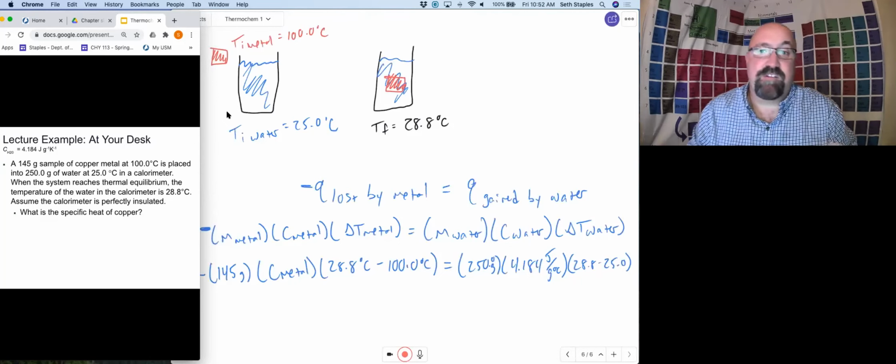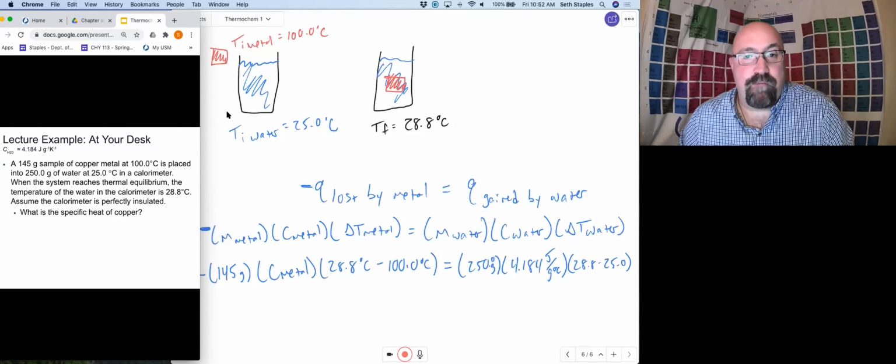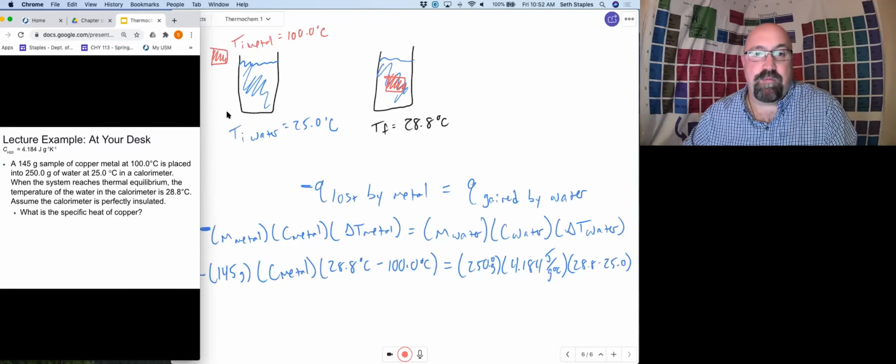Both degrees C, I just left those off because I was running out of room. Now we can simply set this up to solve for the C of the metal, right? We algebra this. In order to solve for C of the metal, I'm just going to divide both sides by my 145 grams and my 28.8 minus 100. So I'm just dividing both sides by these two terms right here.